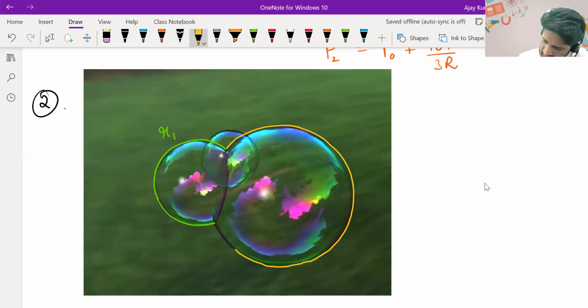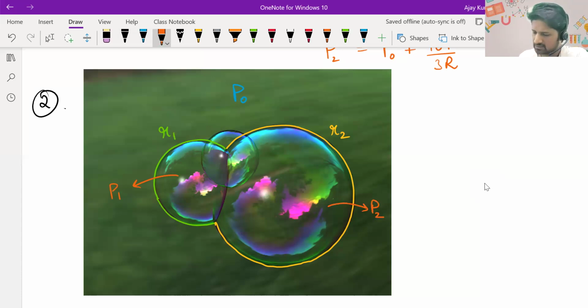Now these two bubbles are touching each other, one bubble on another bubble. Outside, there is atmosphere, so the pressure outside is atmospheric pressure. Depending on the radii of curvature, you can find out the pressure P1 inside the first bubble, and the pressure P2 inside the second bubble also.